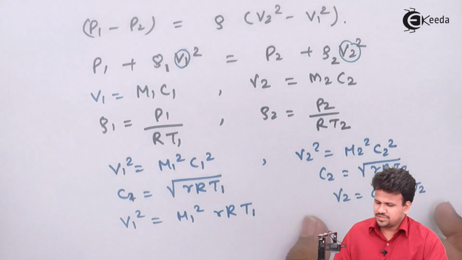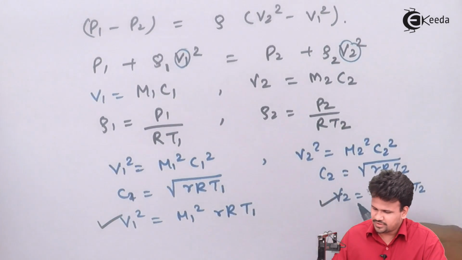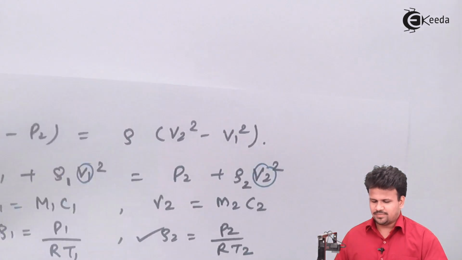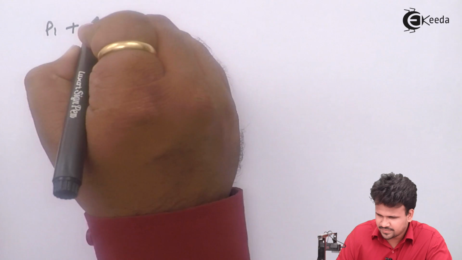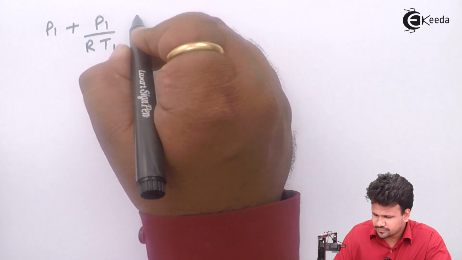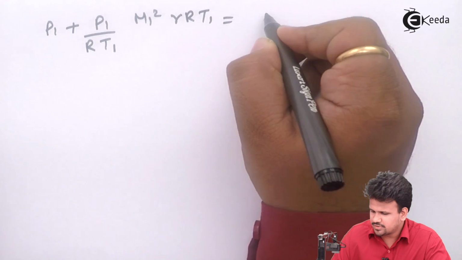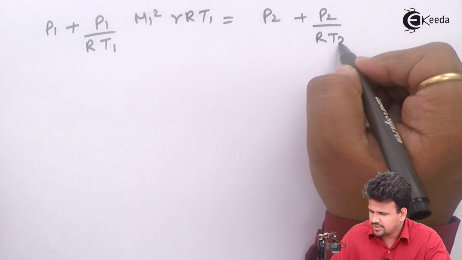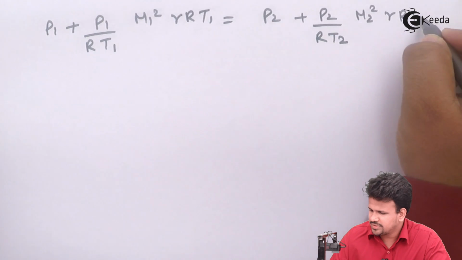So all these variables, V1, V2, rho 1 as well as rho 2, we will substitute in this equation. When we substitute the variables, what we get over here is P1 plus P1 upon R into T1 into M1 square into gamma R into T1 is equal to P2 plus P2 upon R into T2 into M2 square into gamma R into T2.